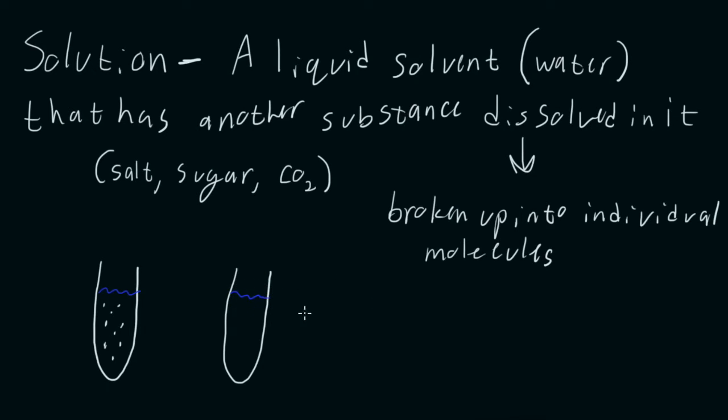Because once those salt molecules dissolve, they dissolve at the molecular level. And we can't see those molecules, so it becomes see-through. So we can see right through it. And if I leave this sit for a whole day, or a week, or a month, or a year, well, it's going to stay just as clear. Those are going to stay dissolved because we have intermolecular forces at work. And we're going to learn more about those when we talk about states of matter. For now, we just want to understand what is happening when we dissolve something.